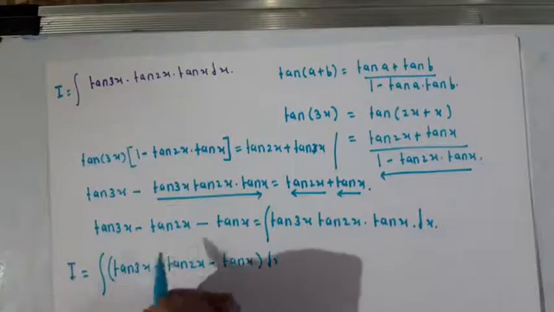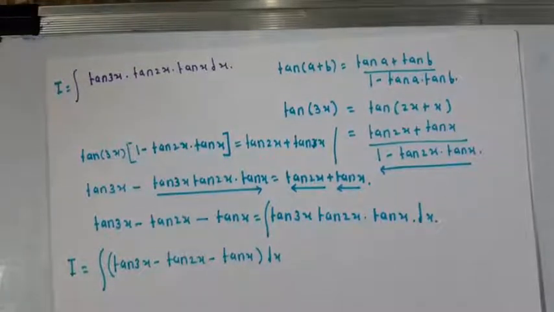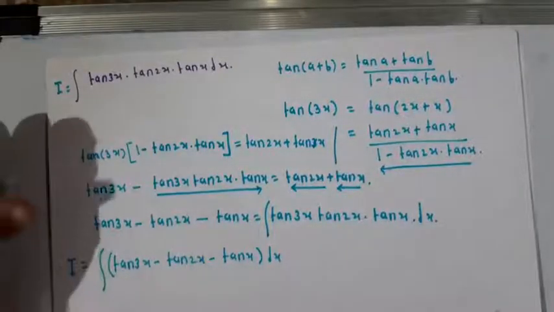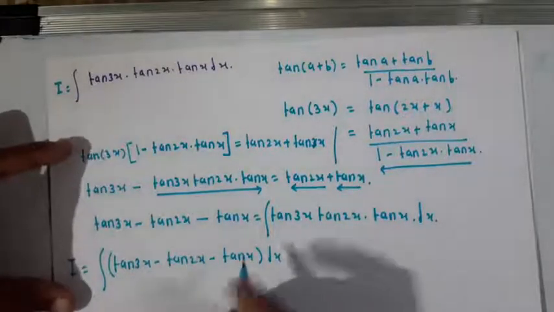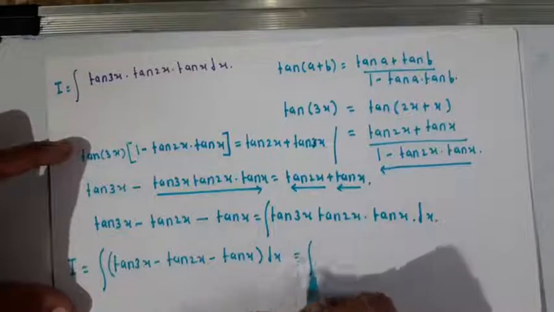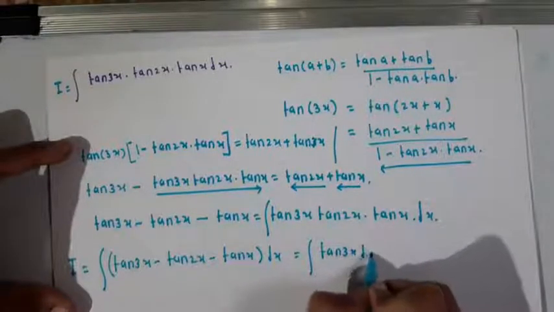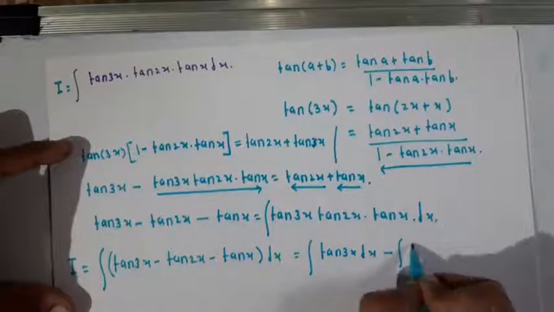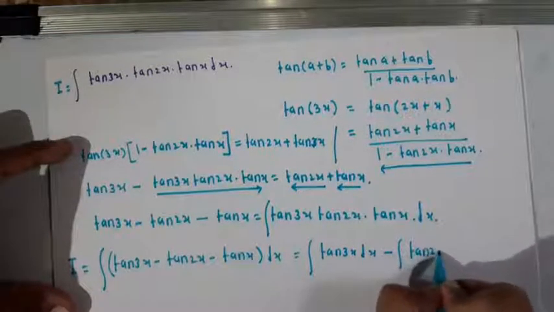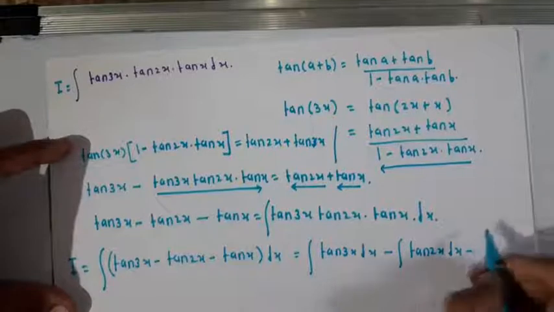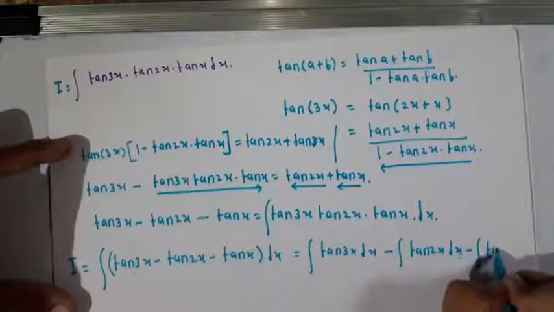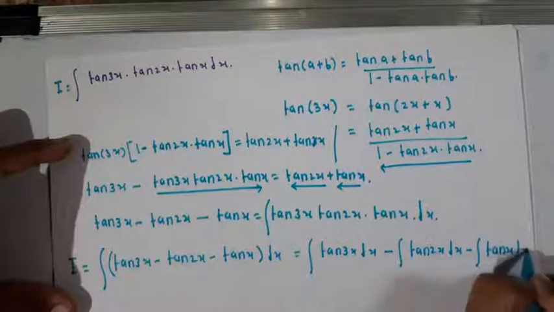Now take the integration of each term separately. We will get integration of tan of 3x with respect to x minus integration of tan of 2x with respect to x minus integration of tan of x with respect to x.